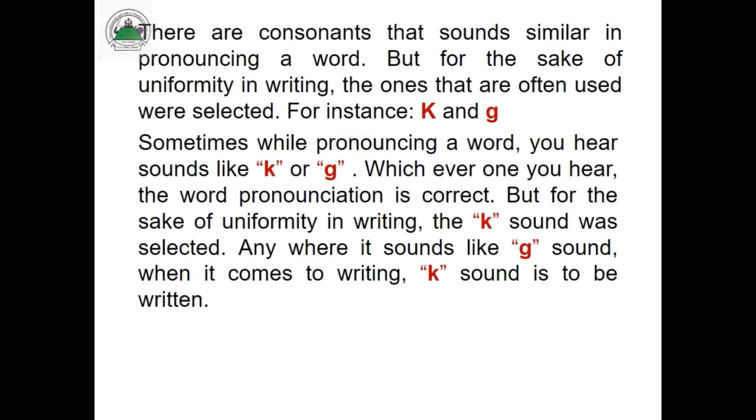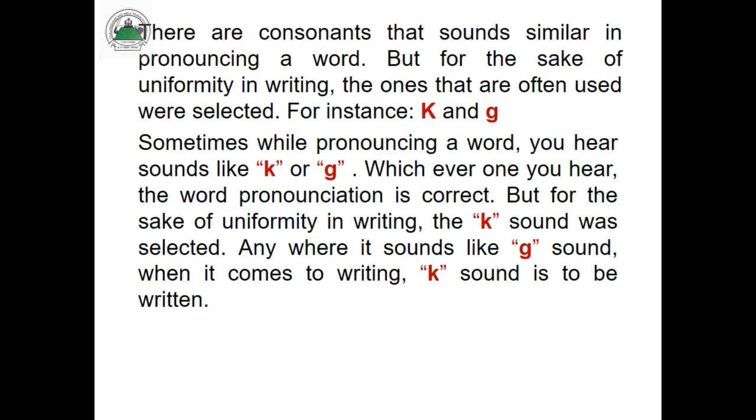There are consonants that sound similar in pronouncing a word, but for the sake of uniformity in writing, the ones that are often used were selected. For instance, we have this k and g. Sometimes, while pronouncing a word, you hear a k sound or a g sound. So whichever one you hear, the word pronunciation is correct.